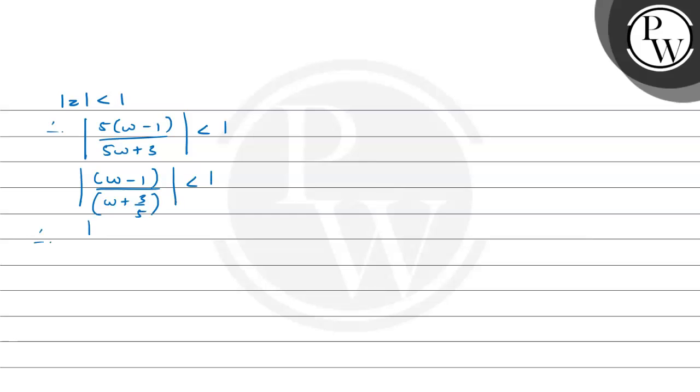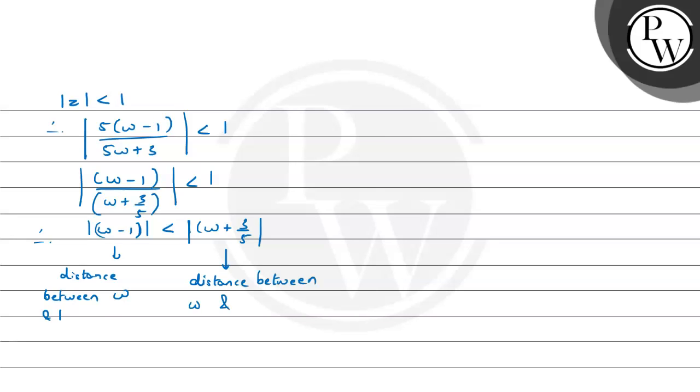So we can write modulus of omega minus 1 is less than modulus of omega plus 3 divided by 5. So we can interpret this modulus as the distance between omega and 1, and the other as the distance between omega and minus 3 by 5.